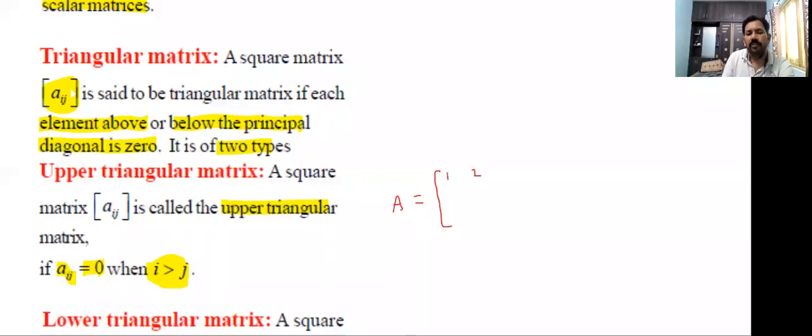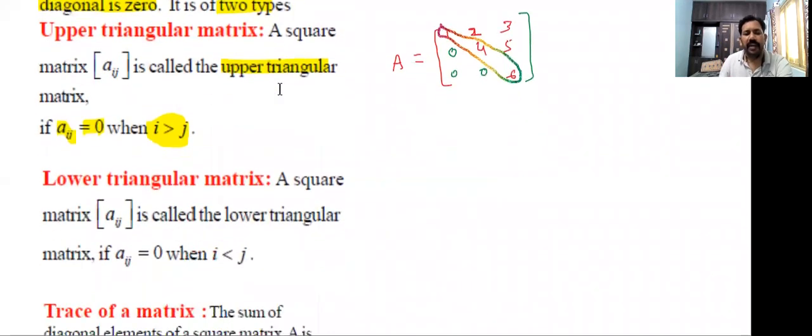See, 1, 2, 3, 4, 5, 6, 0, 0, 0. See here, these are the principal diagonal elements. Below the principal diagonal elements, each and every element is 0, so we will say that it is an upper triangular matrix.